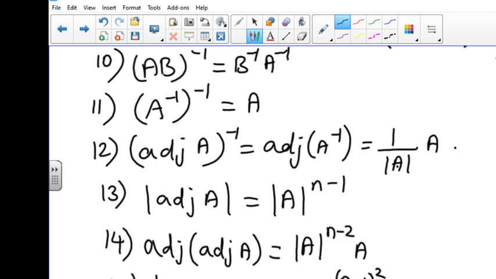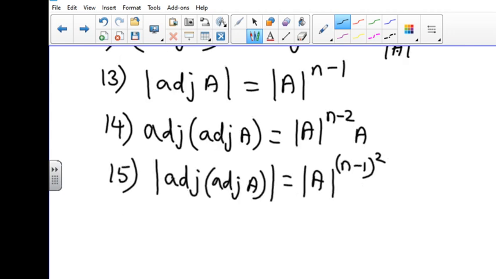These are all the theorems you have in your book. We will prove them later.